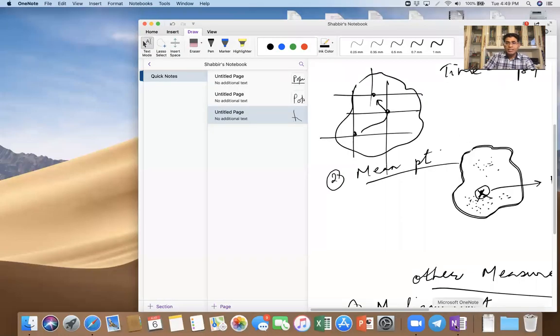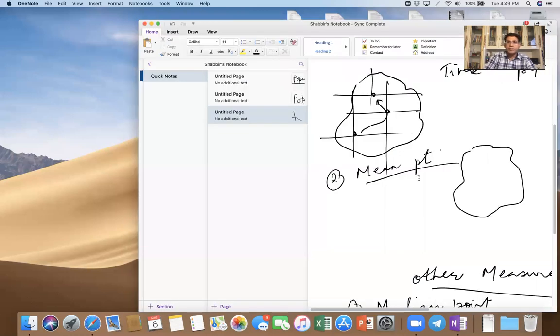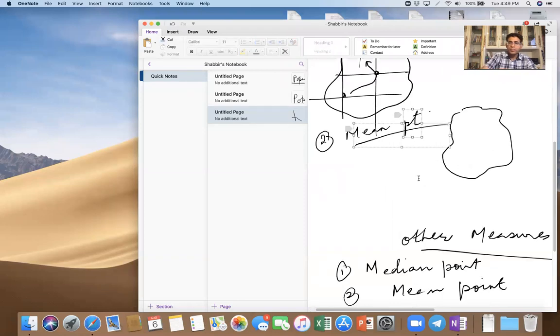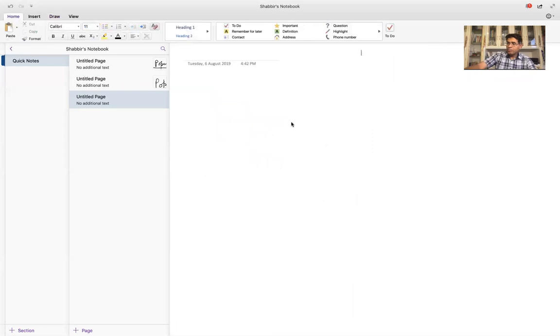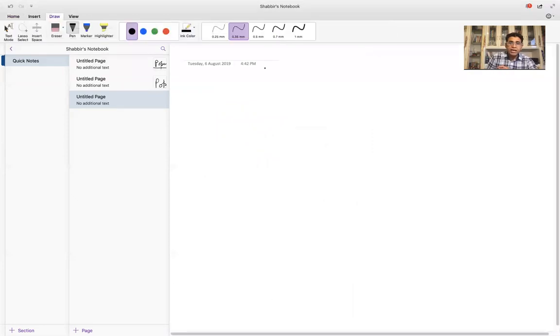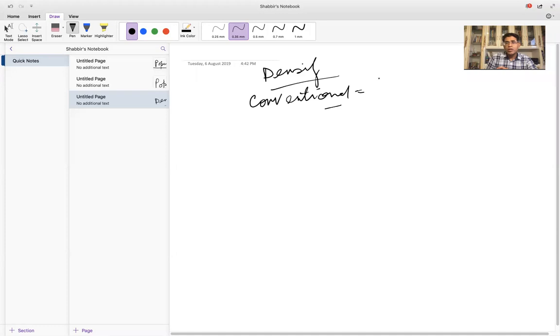The next is studying quickly what are the density measures. If I look at density, the conventional measure is total population by total area.